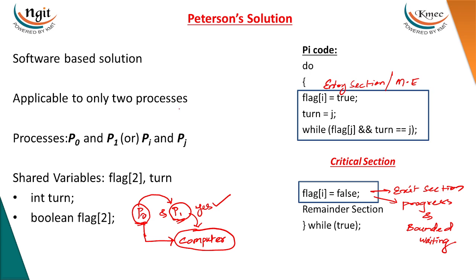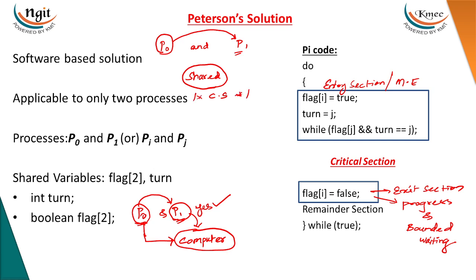The concept is, if there are two processes, P0 and P1, and there is a shared resource, then before using it, process P0 will ask process P1 if it wants to use this shared resource. Here the shared resource we put into the critical section.